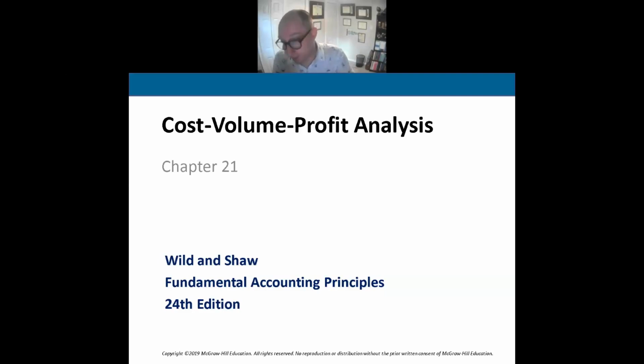So we're going to talk about those types of costs. From a volume perspective, it simply means how many units I need to sell in order to break even. And then profit analysis simply means how many units do I need to sell to generate a profit? So we're going to talk about those things.